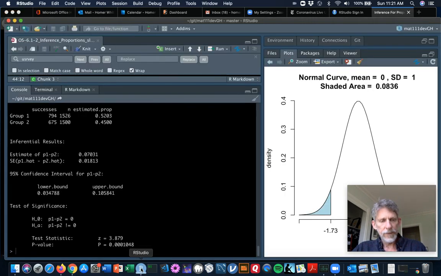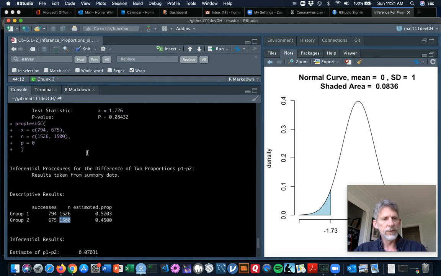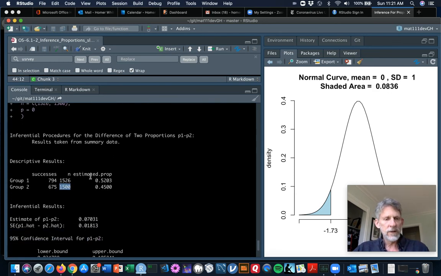I'll just pop back here since slides don't show it too much. You still are given descriptive results, even though you know them already. So you got your yeses and your sample size, your yeses and your sample size for the two samples.